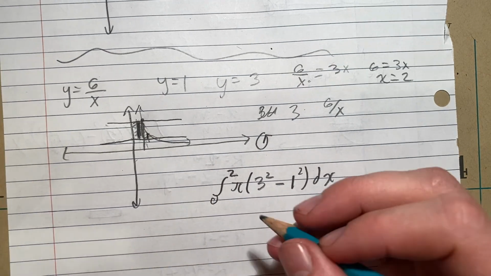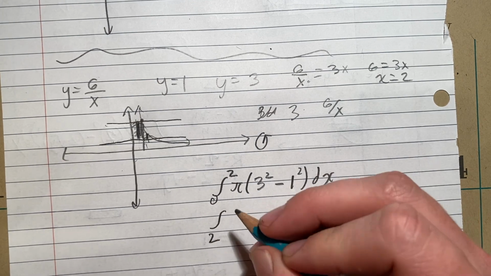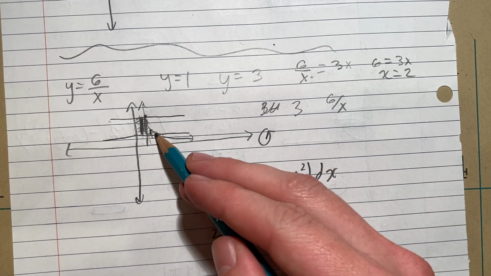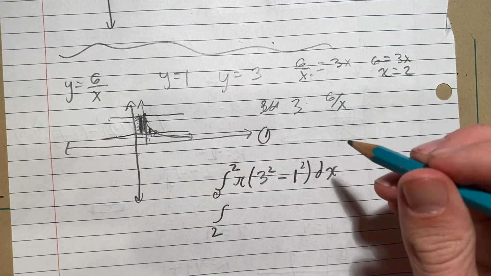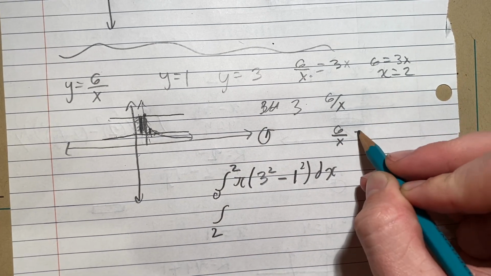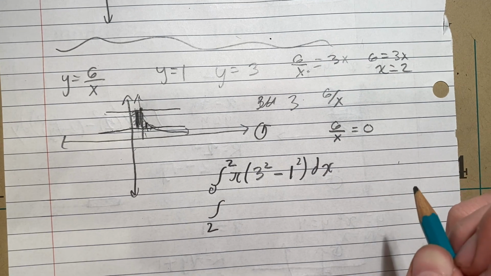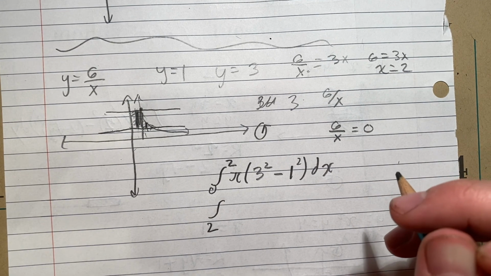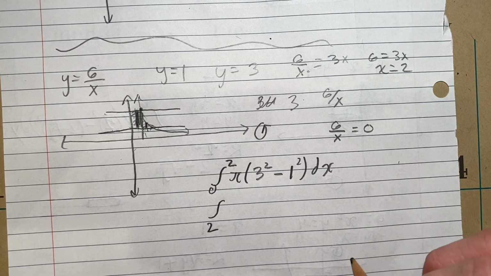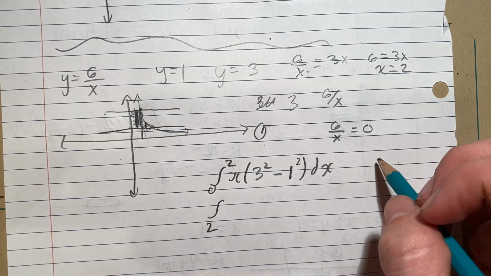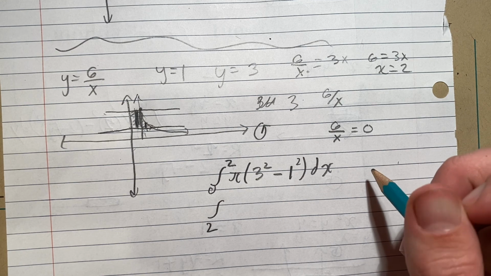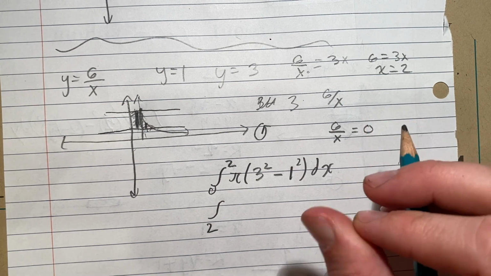Now the second integral is going to be from 2 to wherever this hits 0. When does 6 over x equal 0? That's when y equals 0. Well, you can't really solve that.